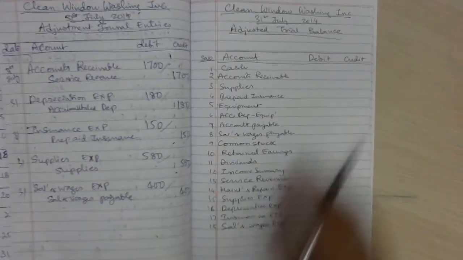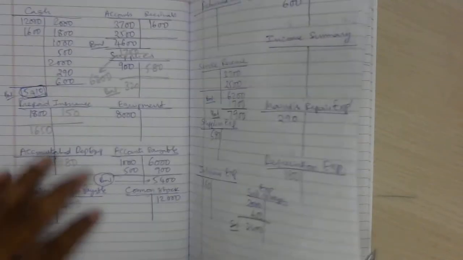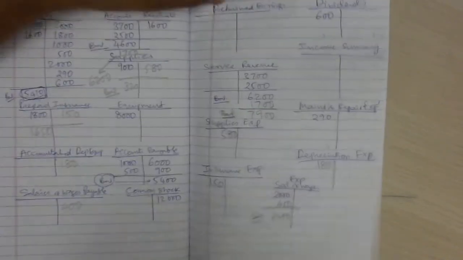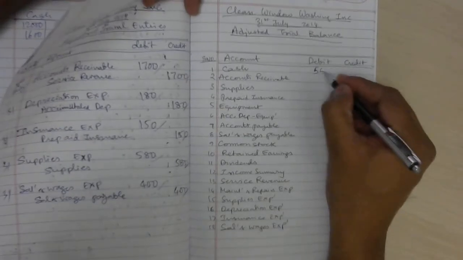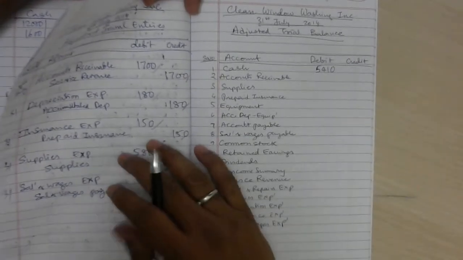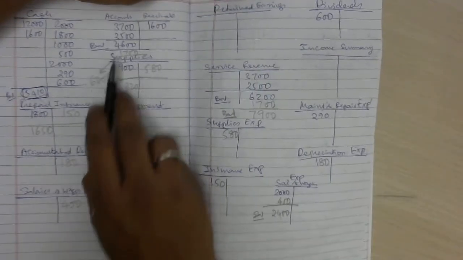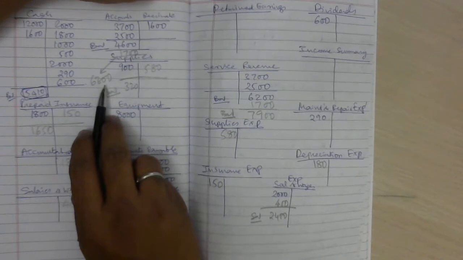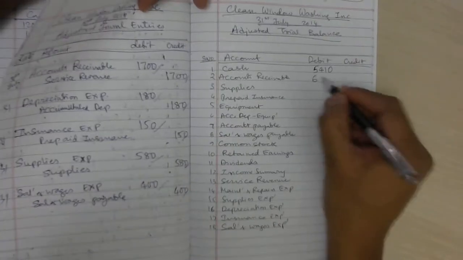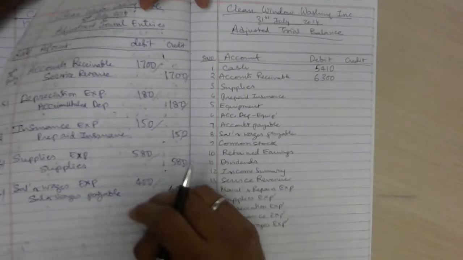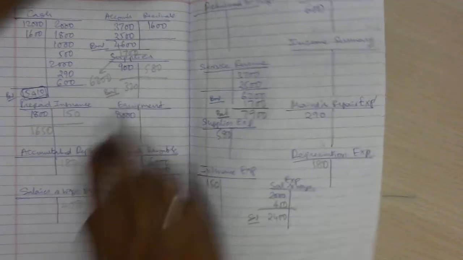Now we will copy the actual balances of debits and credits, and it will be interesting to see the differences. Cash remains the same, because adjustment entries are not cash transactions. Adjusting entries will be affecting the other accounts. Accounts receivable will change because of accrual basis, so it now has a debit balance of 6300. Supplies have reduced, so supplies become only 320.